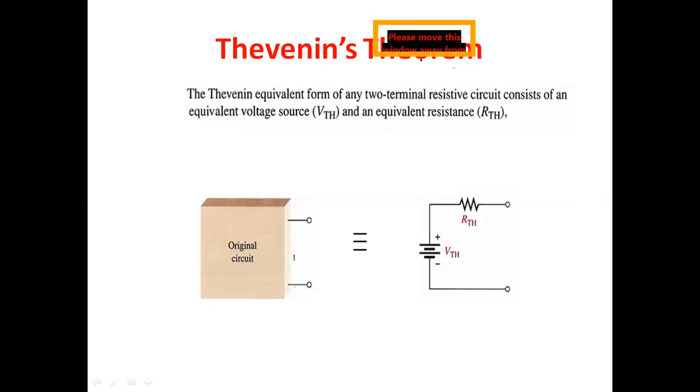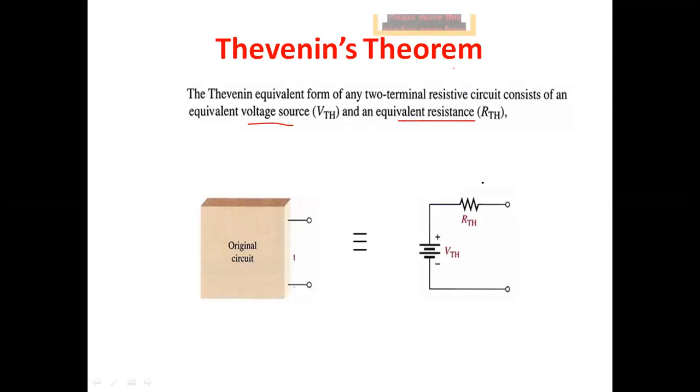Next we have Thevenin's theorem. It is also used for circuit analysis. Thevenin's equivalent form of any two-terminal electric circuit consists of an equivalent voltage source and an equivalent resistance.